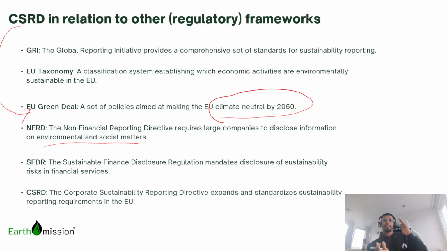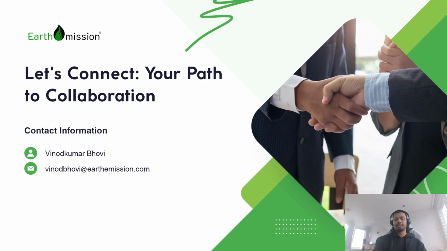So if you already know, we are slowly getting into double materiality assessment, where you have to assess the financial impact and also the impact on the environment. But we will look at it in detail in the coming sessions. And then finally, you have CSRD, the Corporate Sustainability Reporting Directive, which expands and standardizes the sustainability reporting requirements in the EU, which we've also seen.